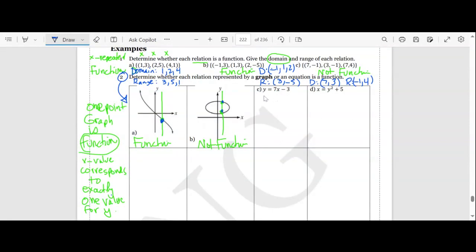Okay, what about this one? Is this a function or not a function? If I replace x by one value, for example, x is 1, how much do you get for y? 4. It's a function, right? If I replace here x by, for example, 1, what happens to y?